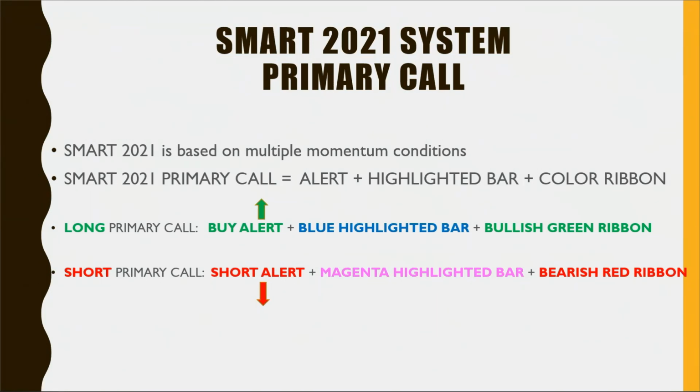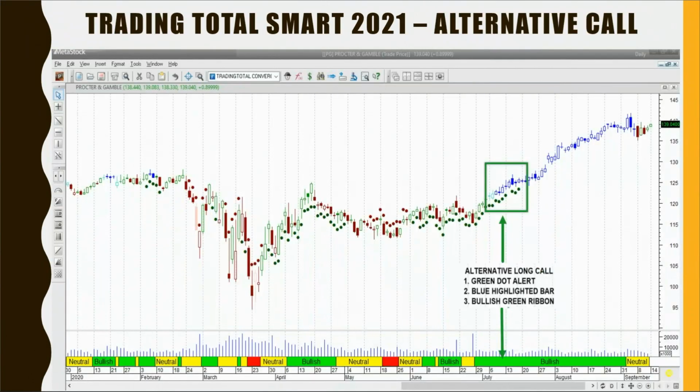So the primary call is only official when we have the 3 conditions simultaneously at the same time, right? But our system also provides a second alert, which is called the alternative alert, which will determine the alternative call.